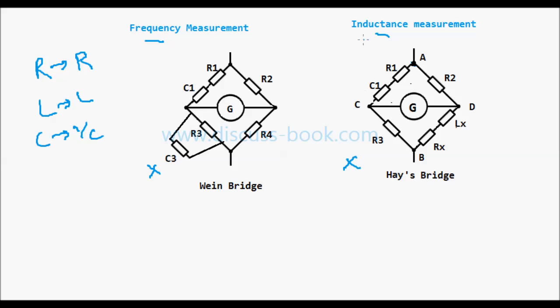So these are the exceptions, but I think this shortcut will be very useful in the sums wherein the bridge circuits are not of these types, like where the C and C are in series with each other. But for other circuits you can easily apply this rule and you can get the equation.